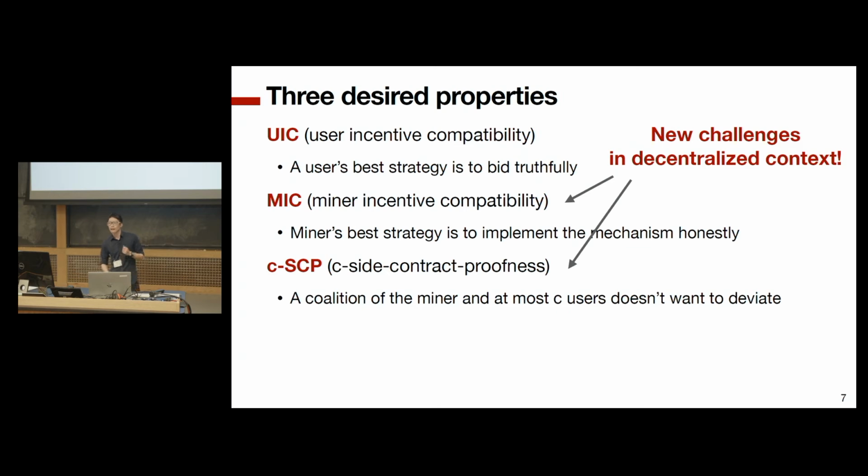And again, because blockchain is a decentralized system, the miner itself is also a strategic player. So unlike traditional mechanism design, where maybe we can trust the auctioneer or the government, here no one can be trusted. So how to resist miner deviations is a new challenge in the blockchain context.